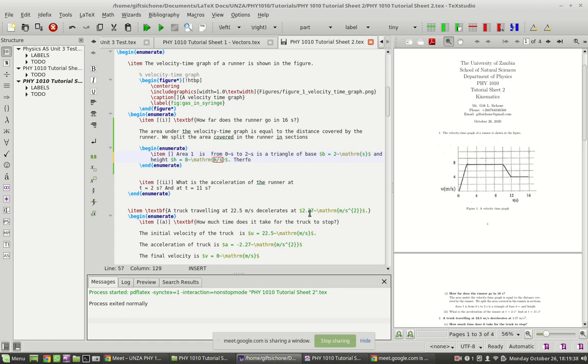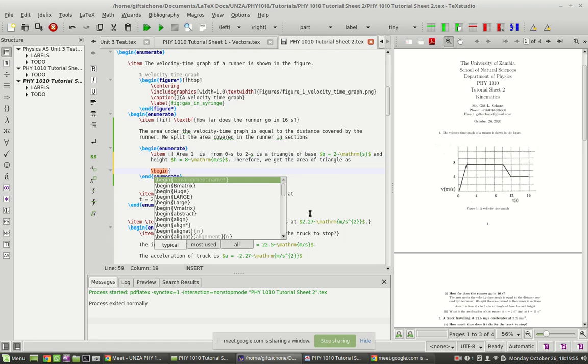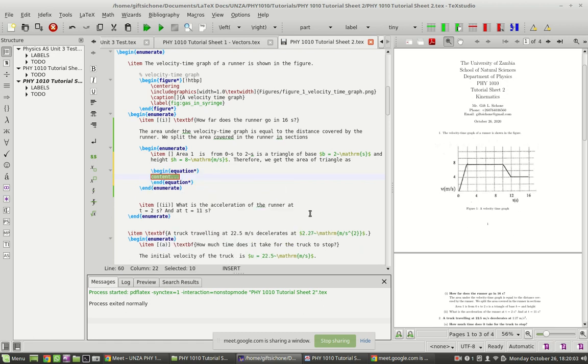Therefore, we get the area of the triangle as, so just a minute. And how do you get the area of a triangle?